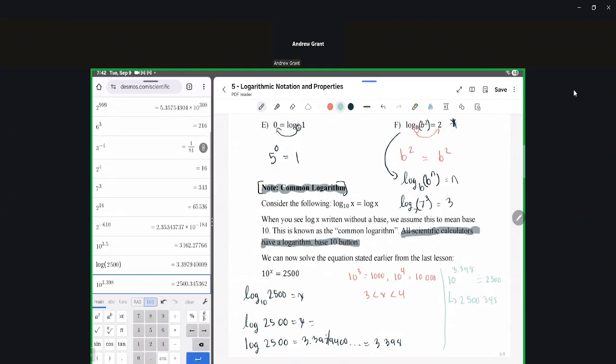If you wanted to be a bit more accurate, you could take more decimal places. So, for example, what if we took 10 to the power of 3.3979?